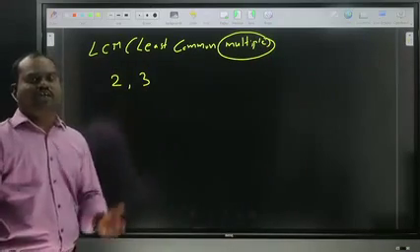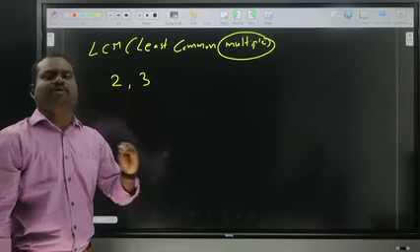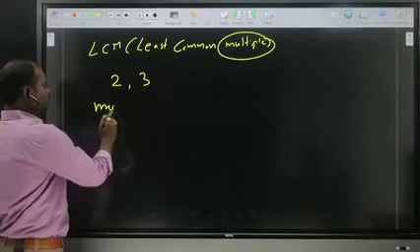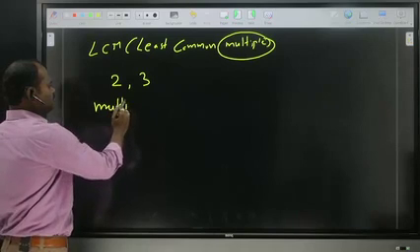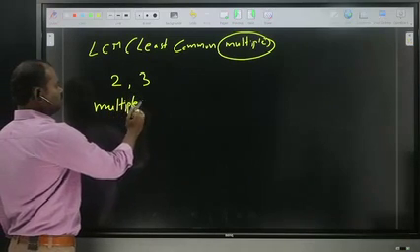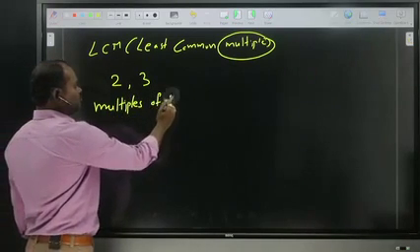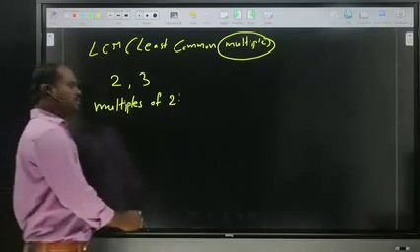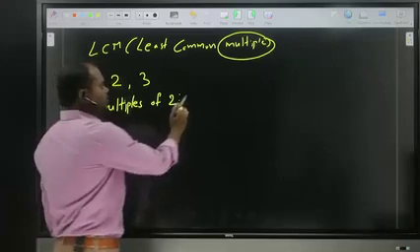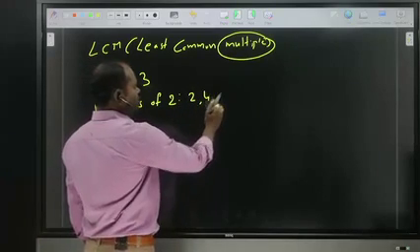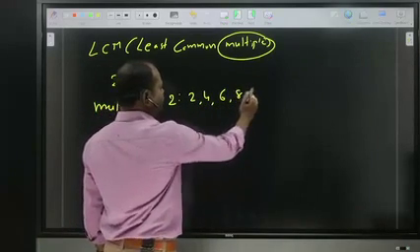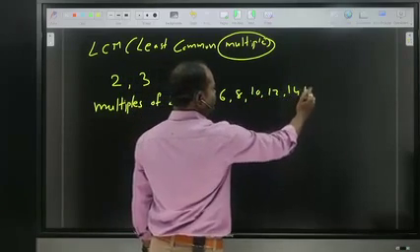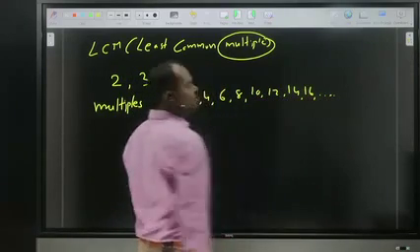Basically, what is the meaning of multiple? Multiple is nothing but simply table. Multiples of 2 are nothing but two table numbers: 2, 4, 6, 8, 10, 12, 14, 16, and so on.